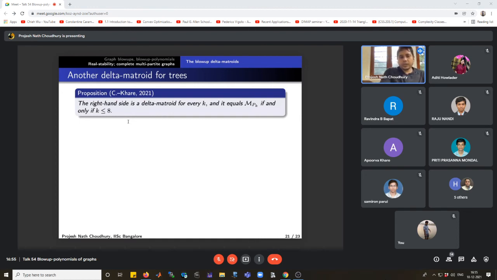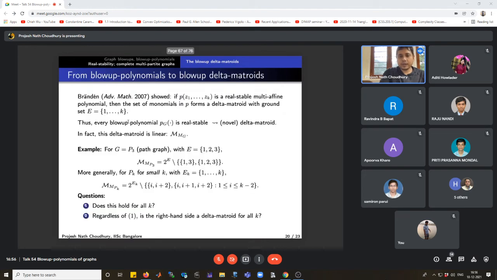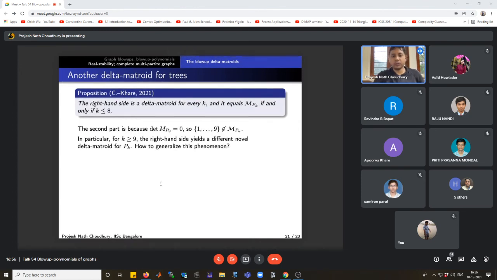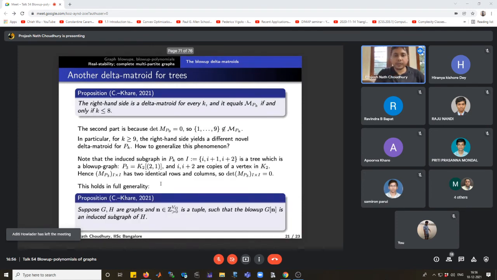Now the question is, can this right hand side delta matroid be generalized to other graphs? The answer turned out to be yes, and this is true for all trees. To illustrate this, we needed a basic result, and here is our result.